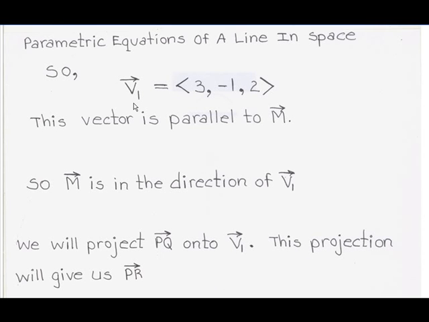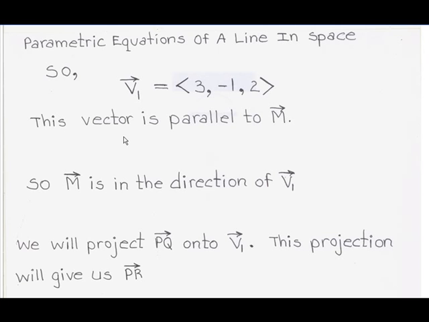So vector V1 is equal to 3, -1, 2. So I'm calling that vector V1. And this vector V1 is parallel to M. So from the parametric equation, we found a vector that is parallel to vector line M. We're going to use this vector that is parallel to M.